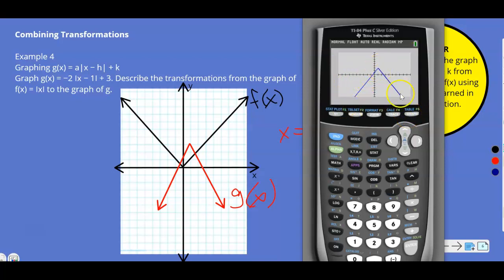And again, if you hit graph, you can see that graphs your g of x. If you want to check certain points, you can go second table. That generates your points. You can see that 1, 3 is your vertex here. And you can check points on each side of your vertex.